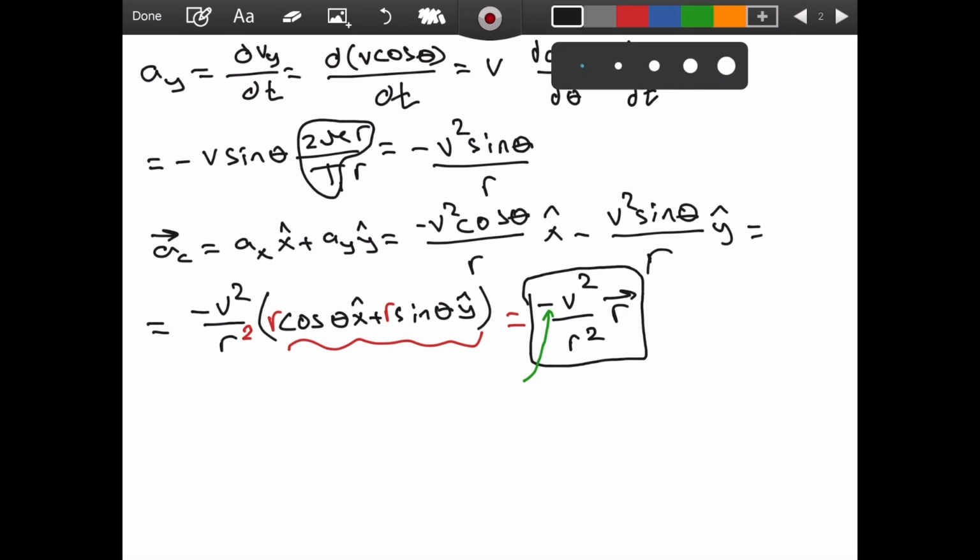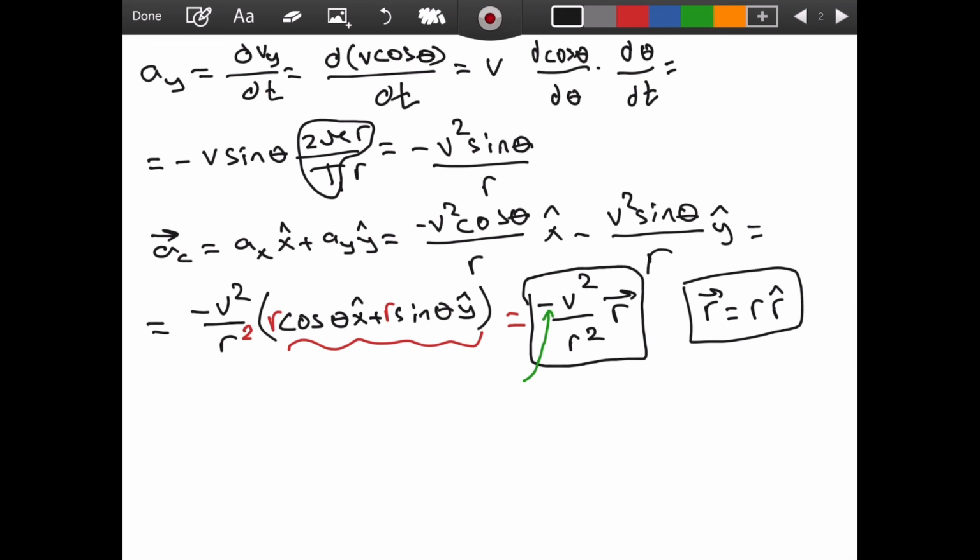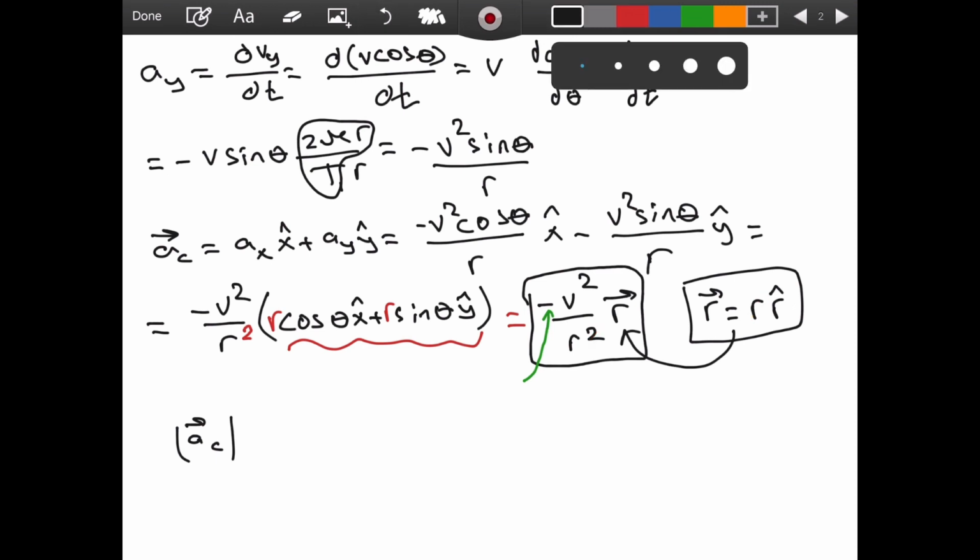And if we want to consider the magnitude of our centripetal acceleration vector, well, we can just remember that this is true, right? Where r hat is the unit vector along the r vector, the position vector. So if we substitute that here, you see that these two r's will cancel, leaving us with v squared over r.